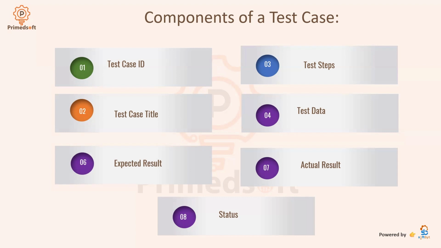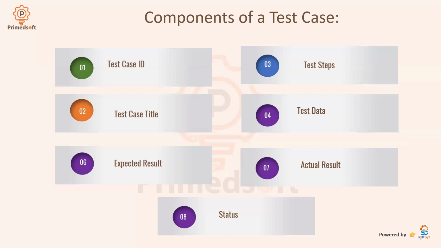The expected result is how the application should function. That is not necessarily how the application is functioning, but how it should function. So then that brings us to what we know as our actual results.